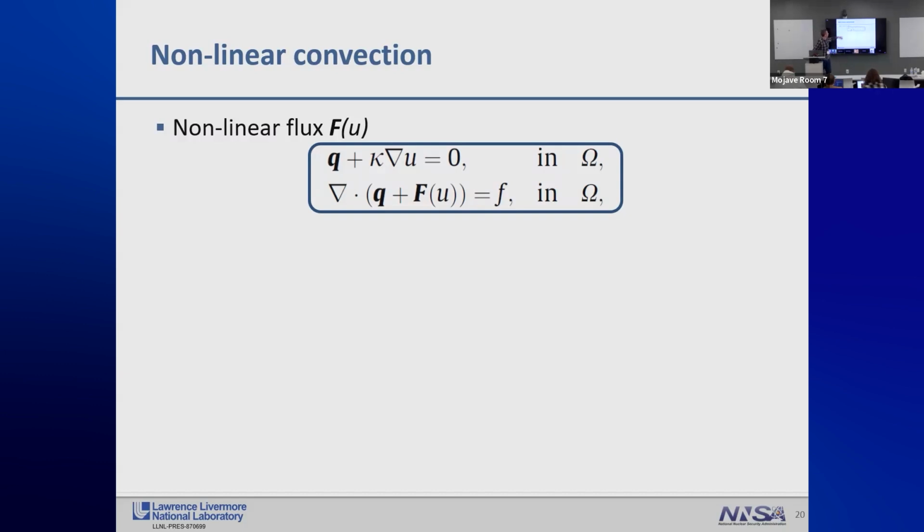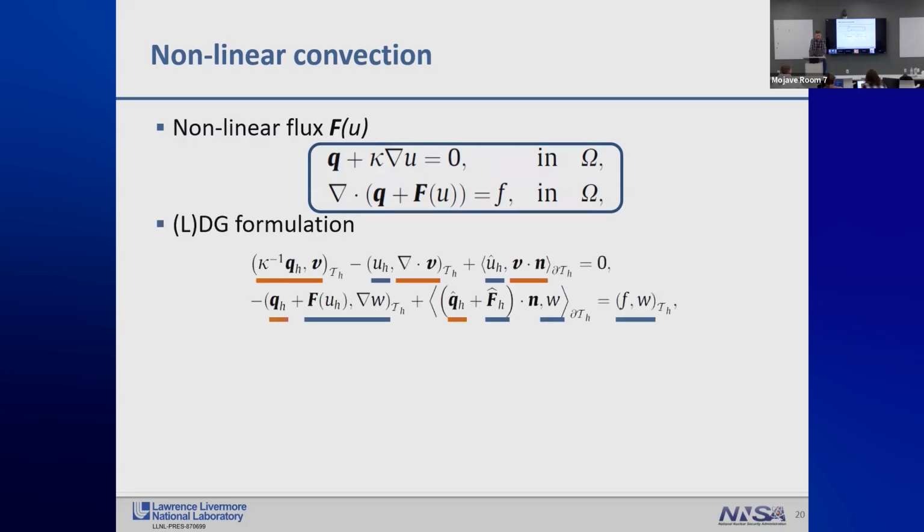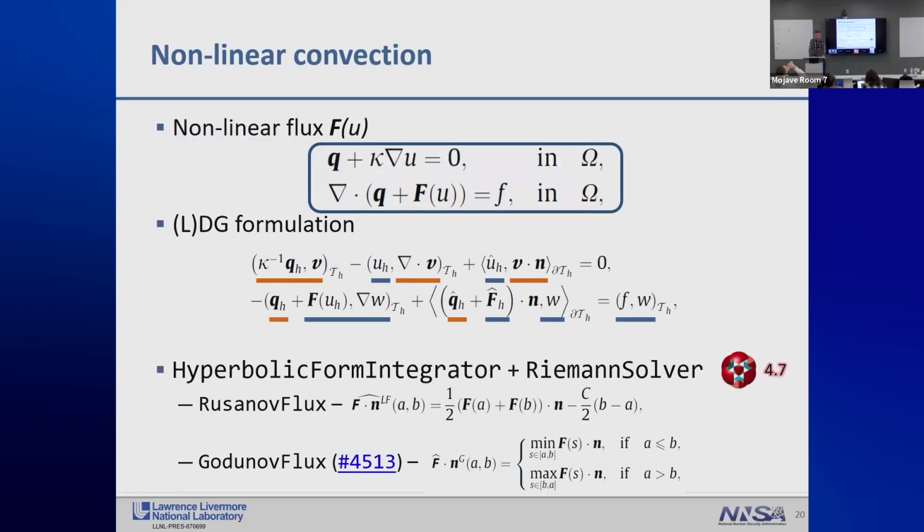So we have some general nonlinear flux depending on the potential. And the LDG formulation is nearly the same. And for discretization, we may use the newly introduced framework for hyperbolic equations. So we combine that hyperbolic form integrator with some Riemann solver of choice. It could be the Rusanov flux, or newly also Godunov flux.